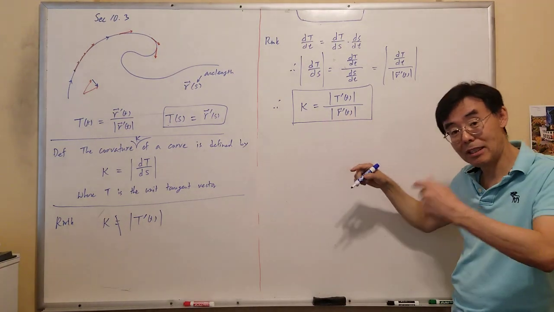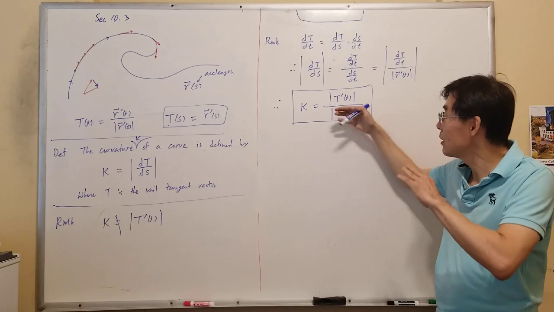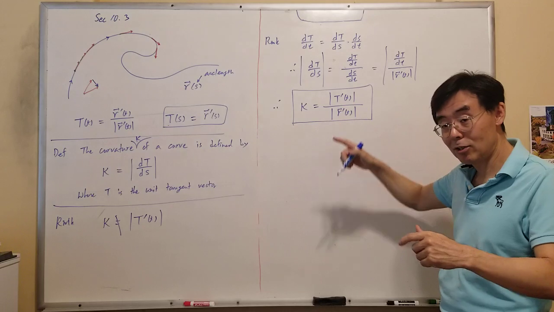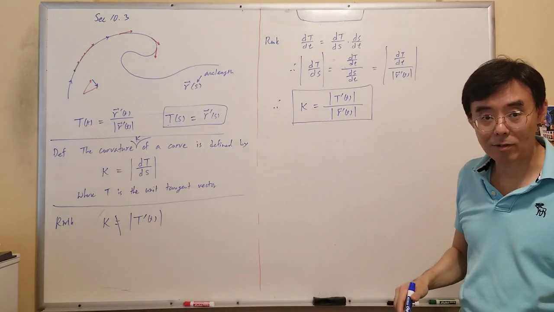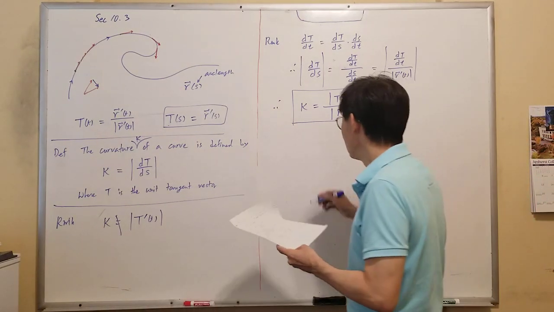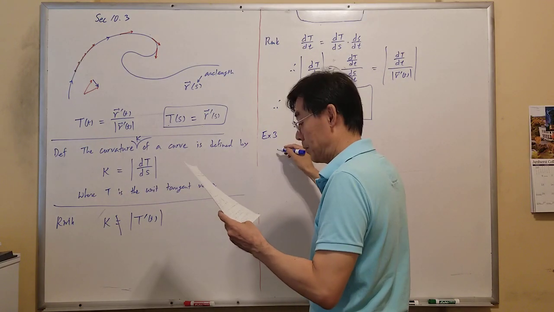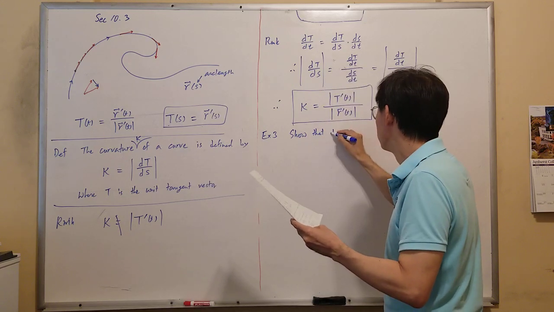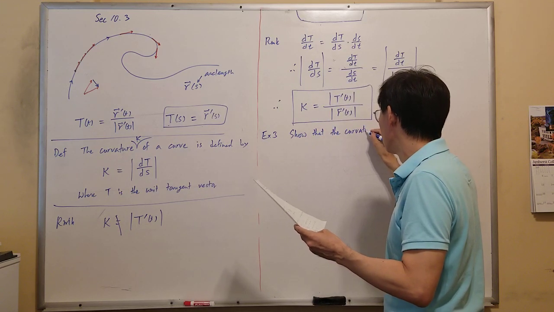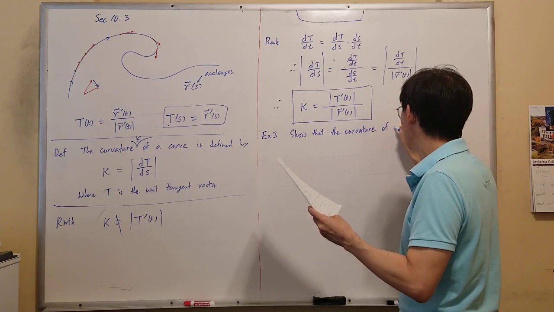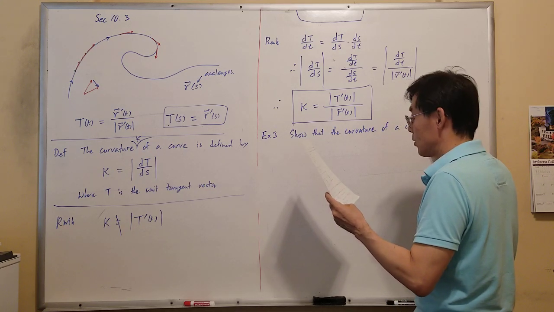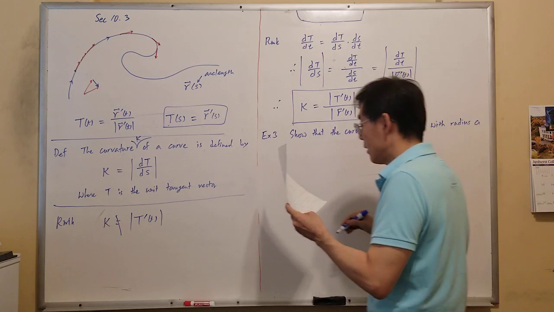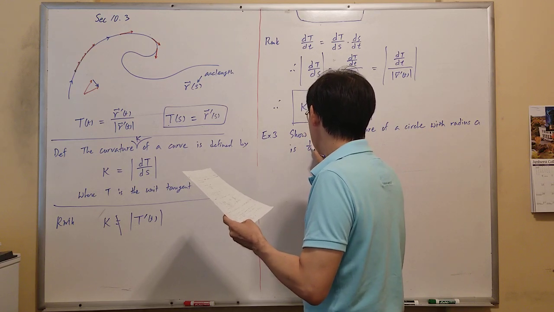We can use the given parameterization as it is. You just find the unit tangent vector, take the derivative, and its magnitude is divided by the speed. That's all. Okay? So let's do an example. Show that the curvature of a circle with radius a is 1 over a.